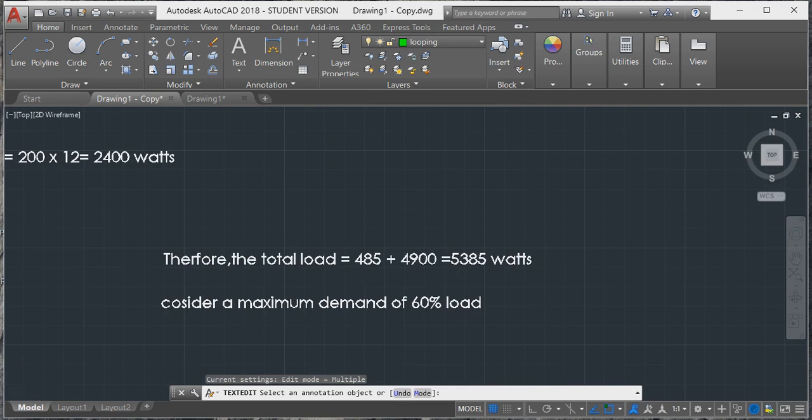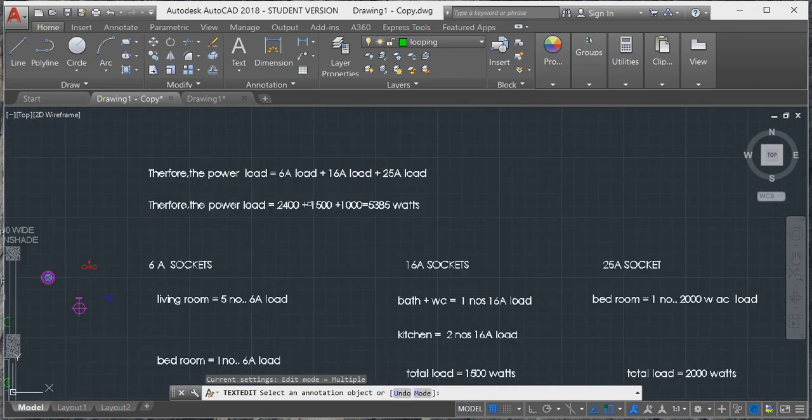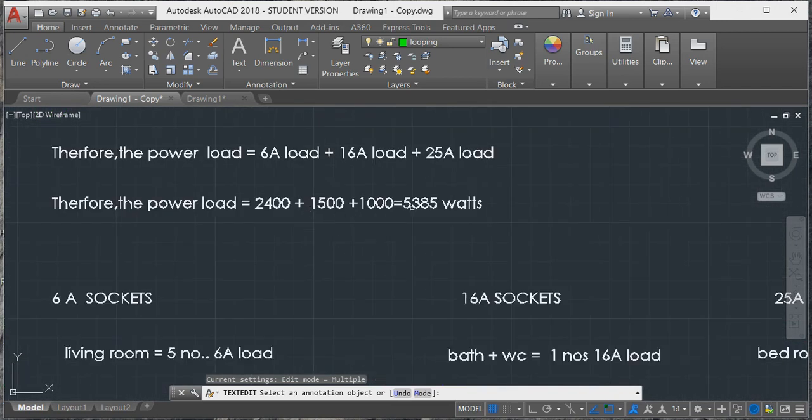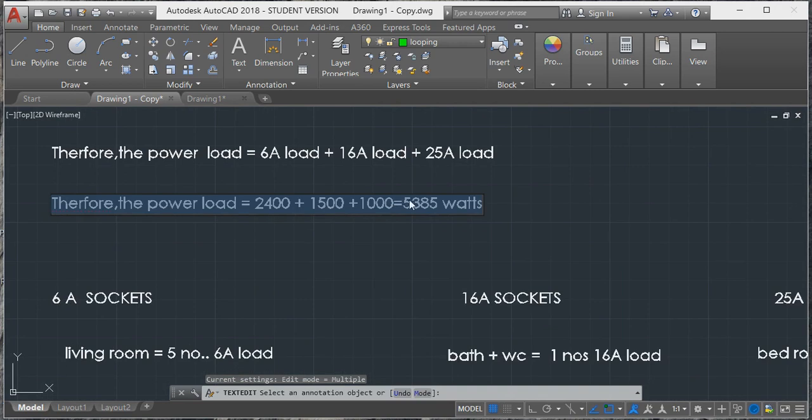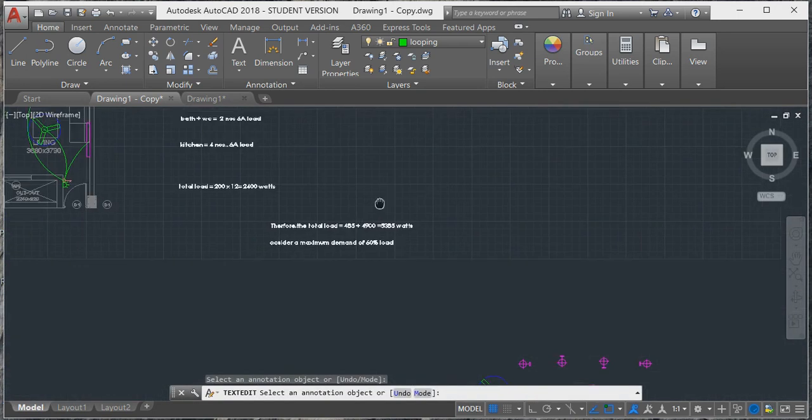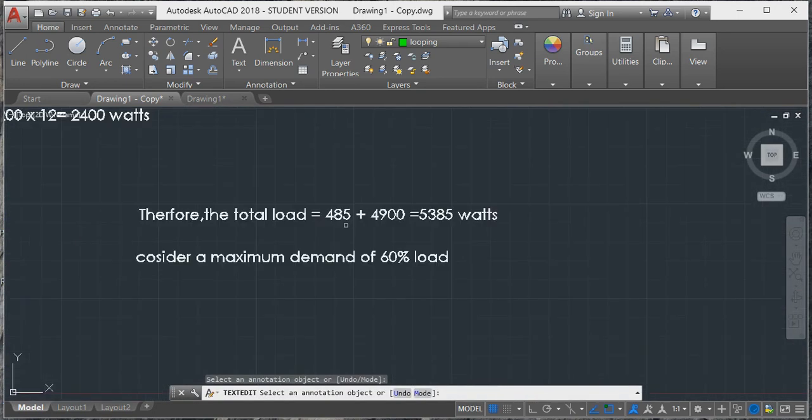Then we consider the maximum demand of 60% load. Sorry, here 485 watts is correct. See here, this is the lighting load, 485. In the previous class I discussed the 485 lighting load.